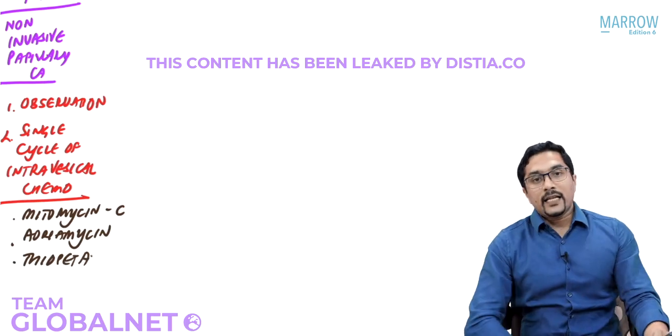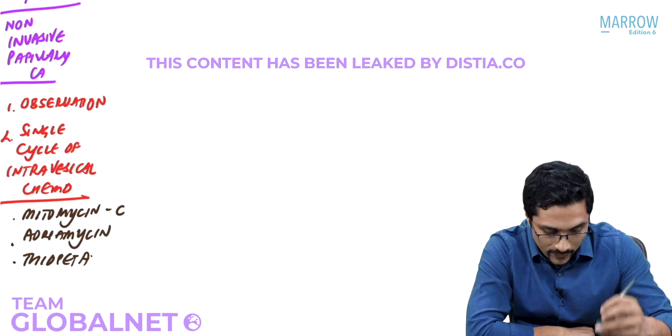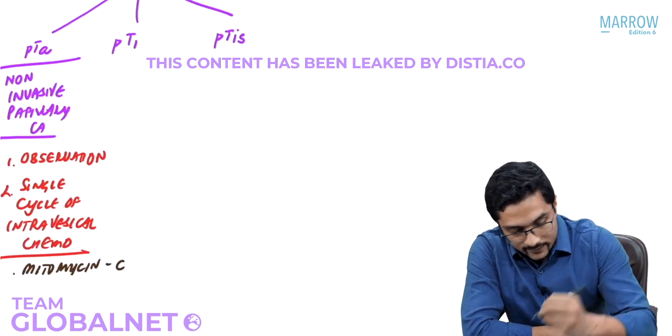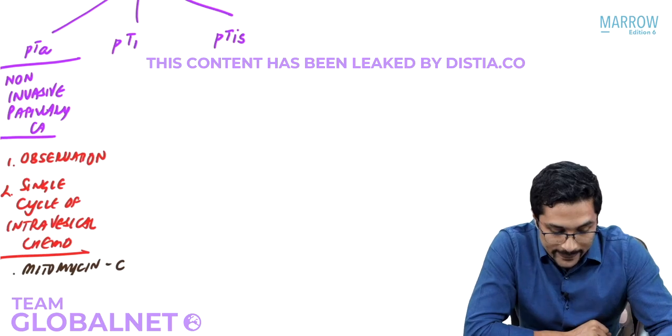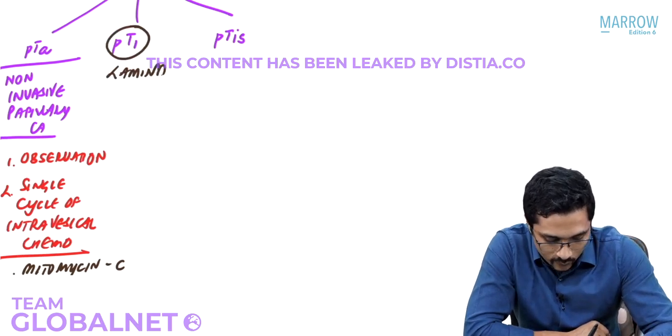So these can be the agents which can be used if we have to do intravesical chemotherapy, single cycle in PTA. PT1 is when the lamina propria is involved.